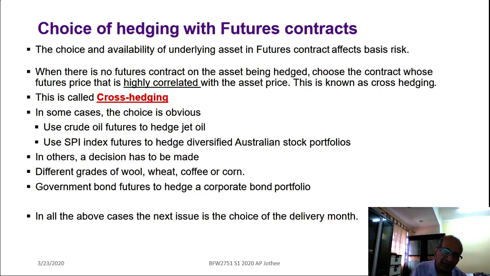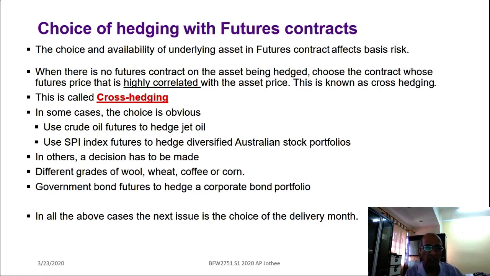They may have something else. So how do you choose which futures contract you want to use? You can choose the futures which has a high correlation with the asset price which is being hedged. This is known as cross hedging.